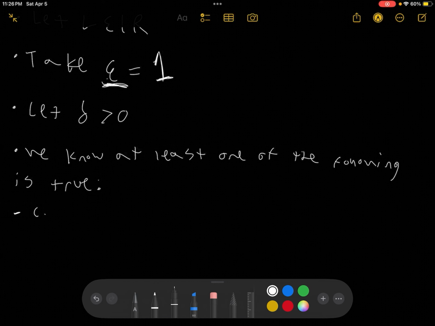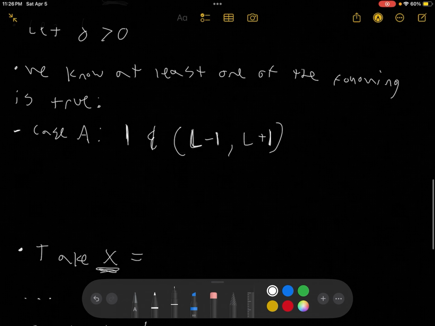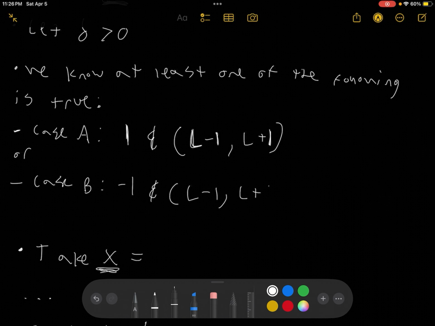Either 1 is not an element of the open interval L minus 1, L plus 1, or negative 1 is not an element of the interval L minus 1, L plus 1.